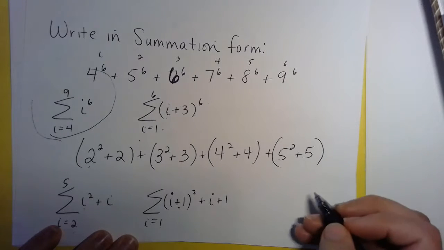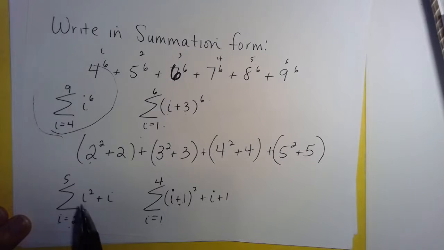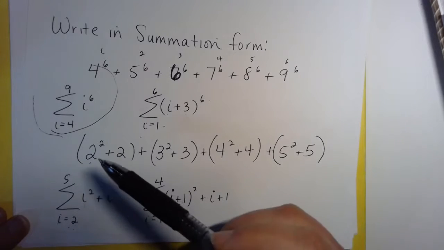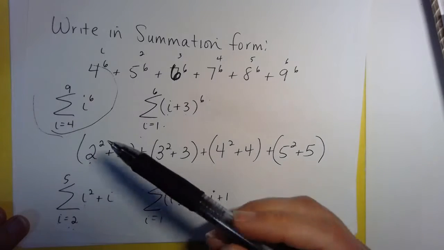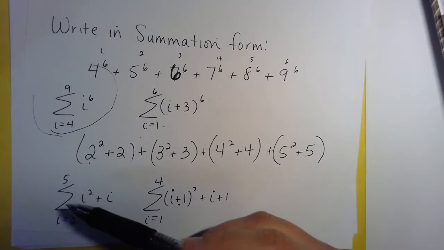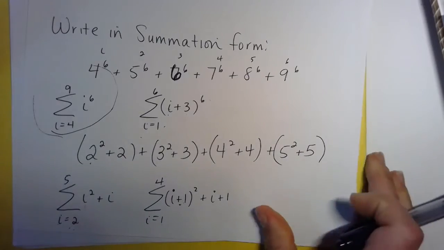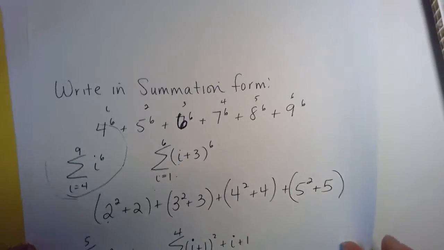And then I would have to end it at 4. The difference between 5 and 2 is 3, and the difference between 4 and 1 is 3, so I still have the same number of terms.